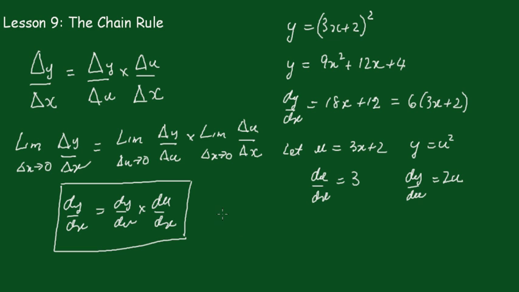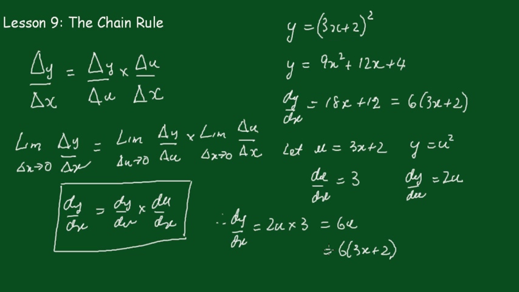So using the chain rule, dy dx must be equal to dy du, which is 2u, times du dx, which is 3, which is 6u. And now replacing the u with 3x plus 2, we get 6 outside of (3x plus 2).